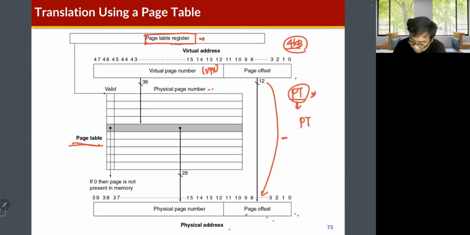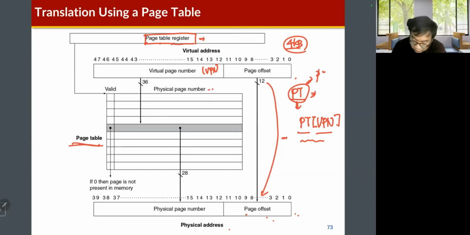So we can access the element of the page table with the virtual page number. In real hardware, in order to access the page table, we need to know the address of the page table, so the page table register stores the pointer to the page table.